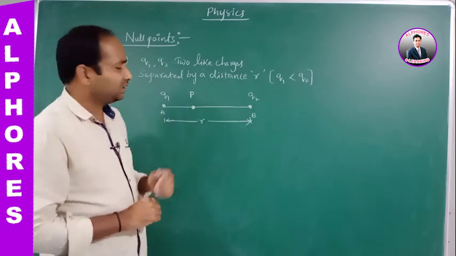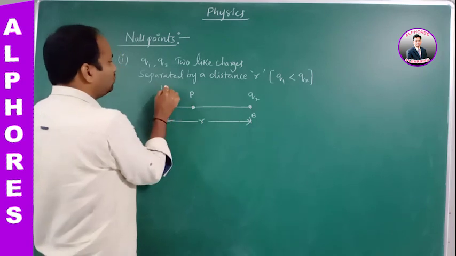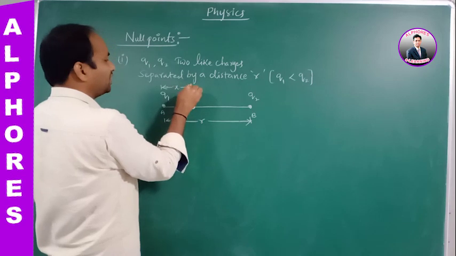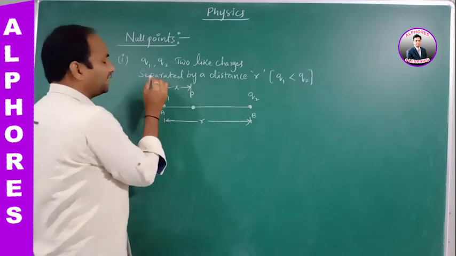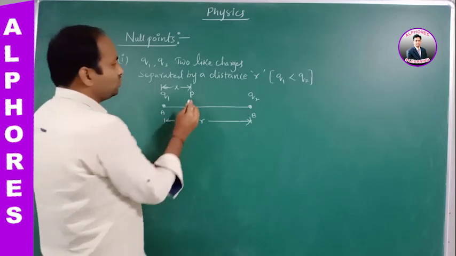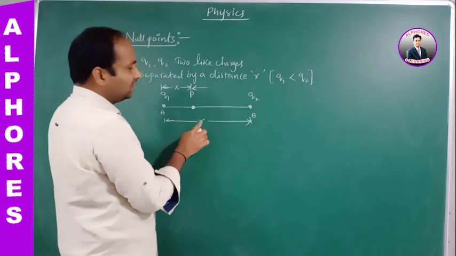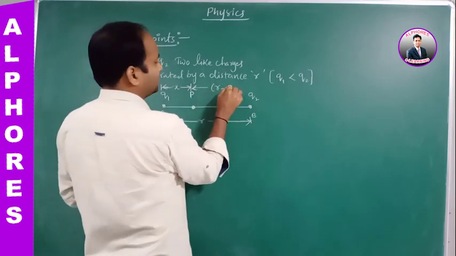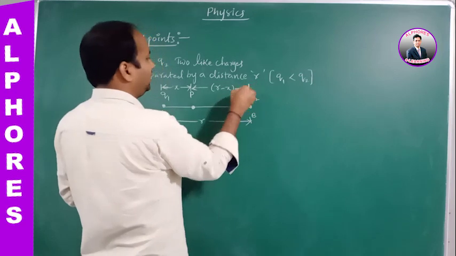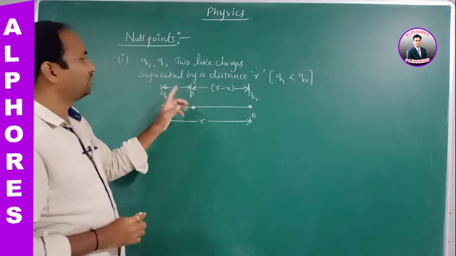Let the position of the null point be at a distance x from Q1, the lesser magnitude of the charge. So the position of the null point from the second charge is r minus x. The same null point is at a distance r minus x from Q2 and x from Q1.